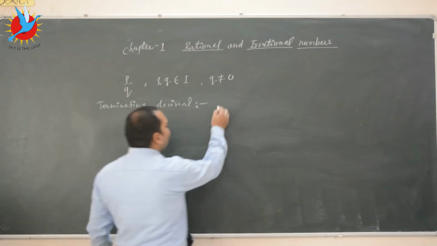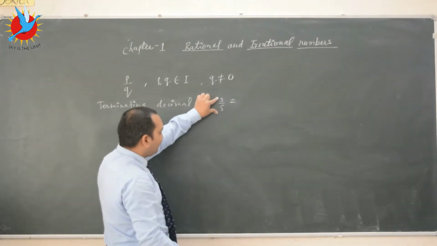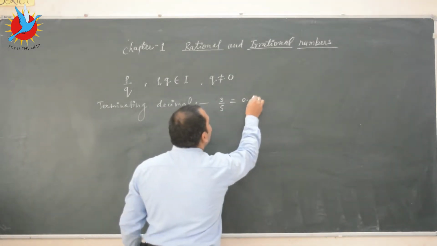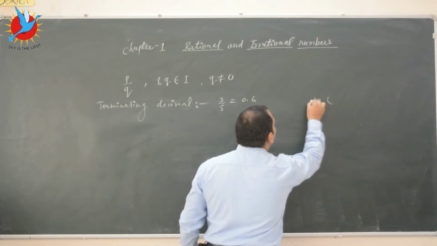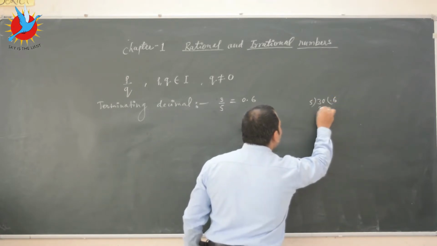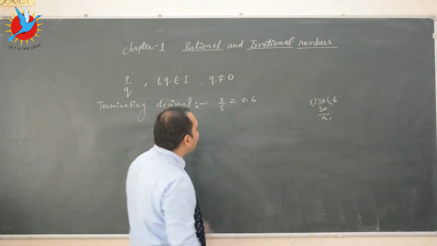For example, 3/5. We write 3/5 in decimal form, that is 0.6. 3 divided by 5: 0 point, 5 sixes are 30. So 3/5 can be written as 0.6.